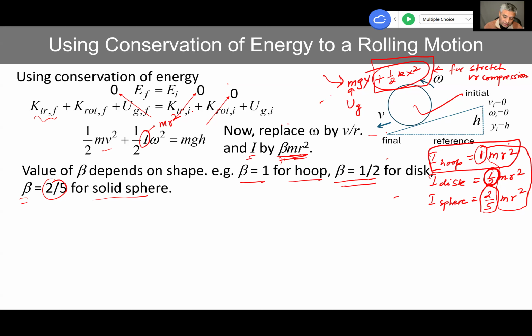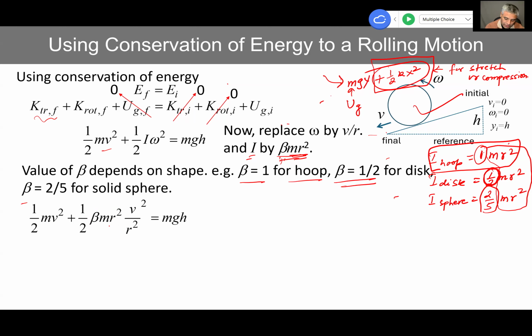If it is a disk, you can replace it by half mr squared, and so on. For now, let's say I don't know what this rolling object is, so I want to write a more general equation. Now you can see why I am writing the rotational inertia this way.